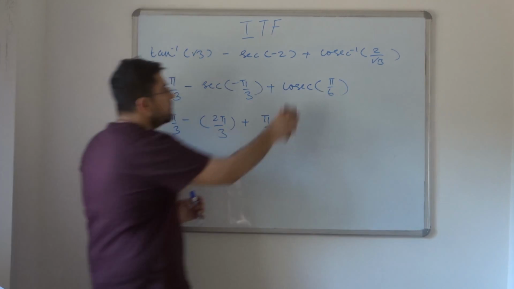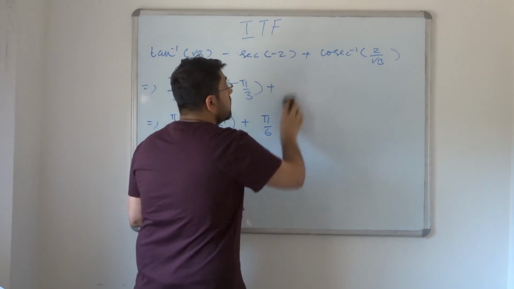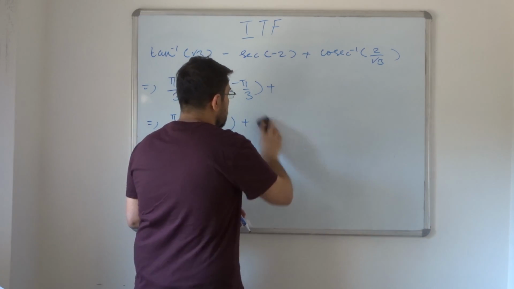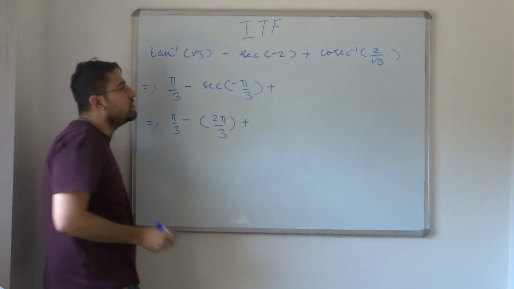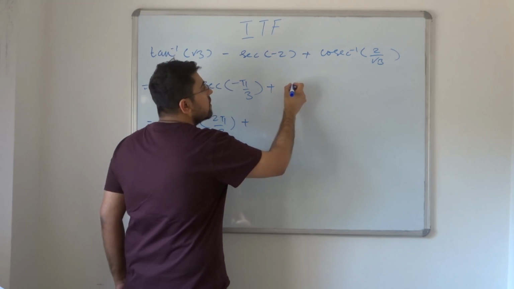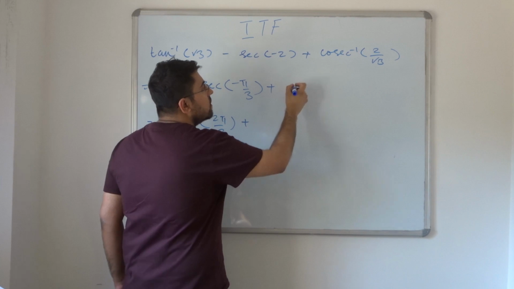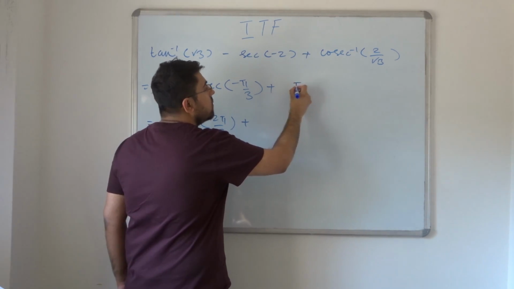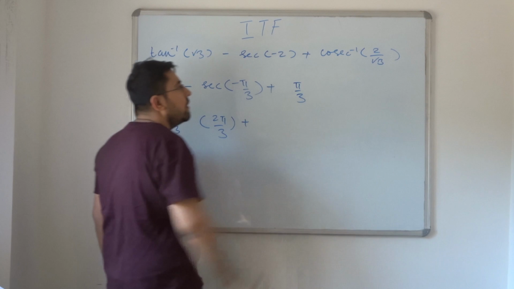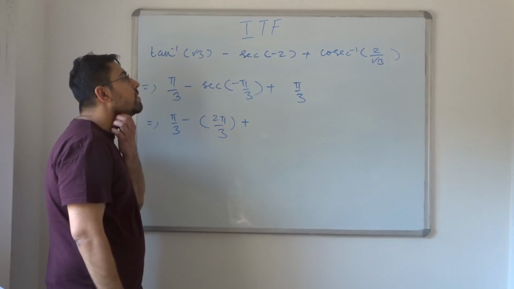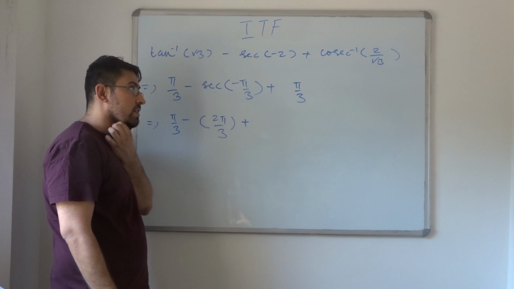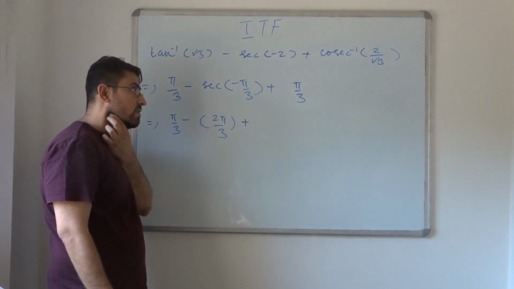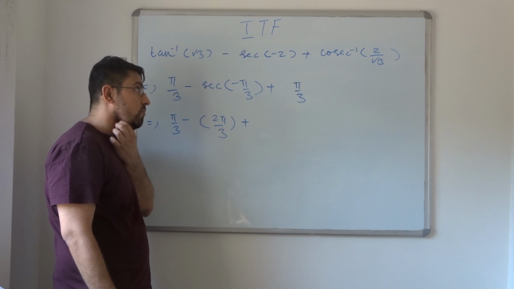Okay, so now you see guys, I am also getting very confused. So this is pi by 3, because sine 60 is pi by 3. Sine 60 is root 3 upon 2.